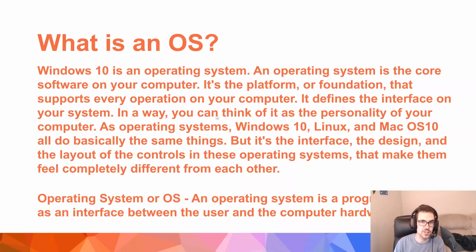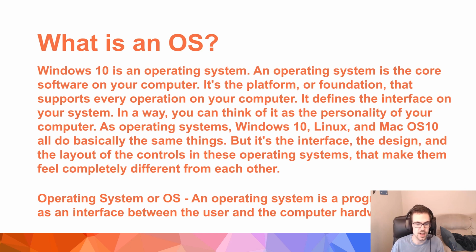Today we're talking about operating systems, specifically an overview of Windows 10, the most widely used operating system for personal computers. And so I want to start out by defining what is Windows 10. Really, I would say that it is the core of the software on your computer.